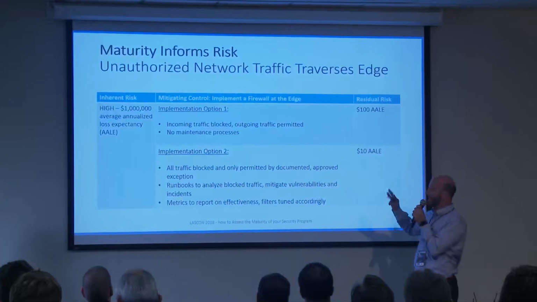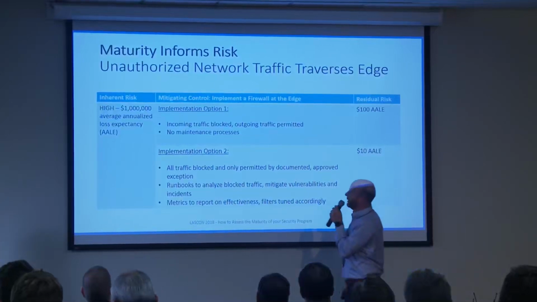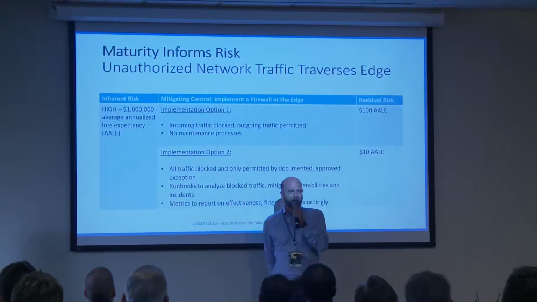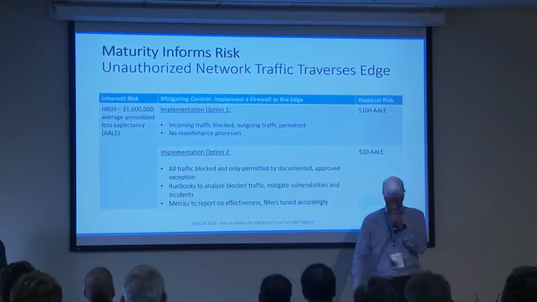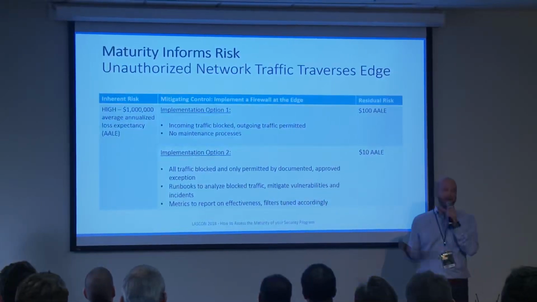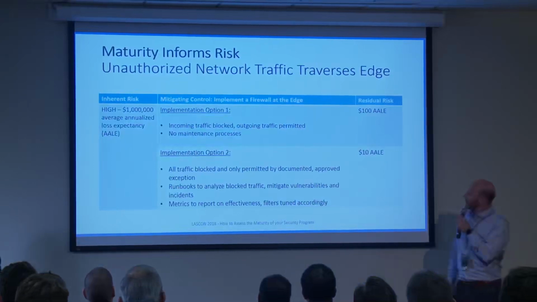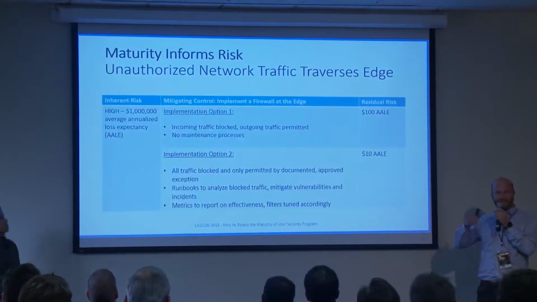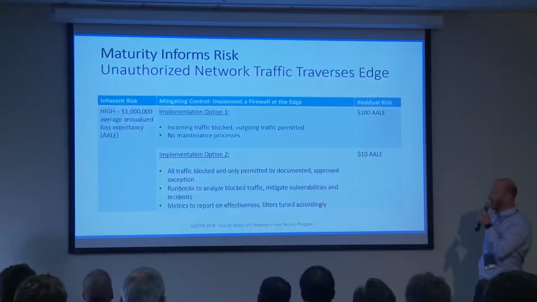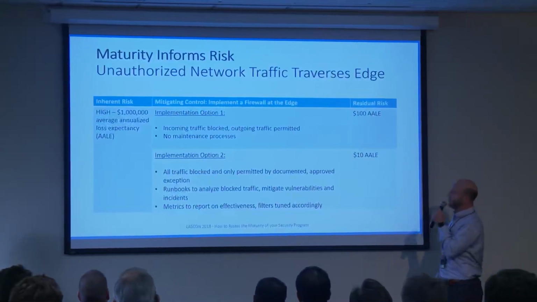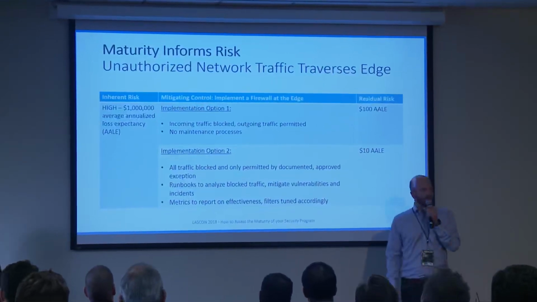Doesn't matter for our case. I put a number on there. Annually I might lose, I don't know, $1 million because of threats that traverse that boundary between the internet and the internal network. So what do I want to do about this?